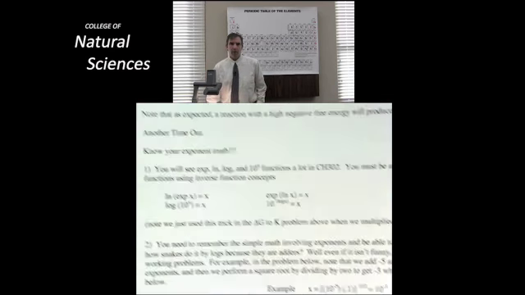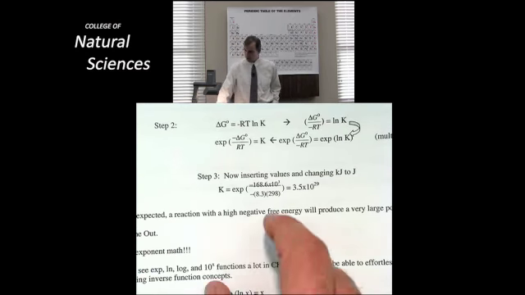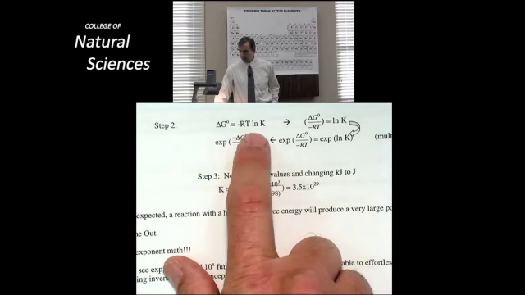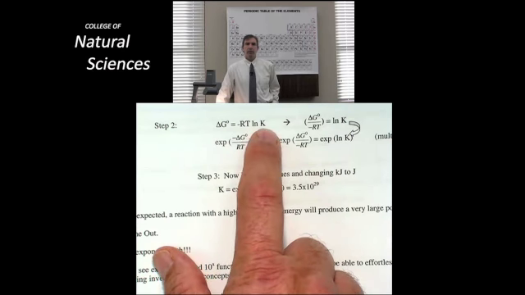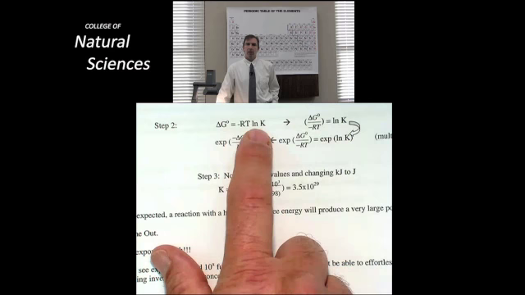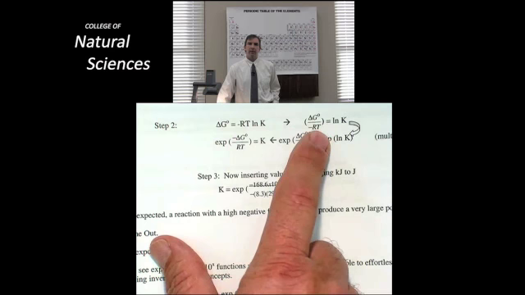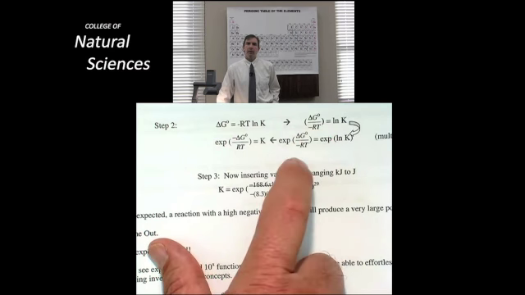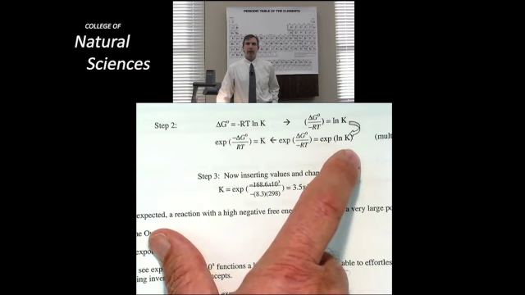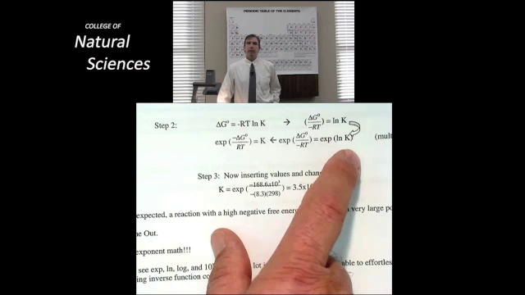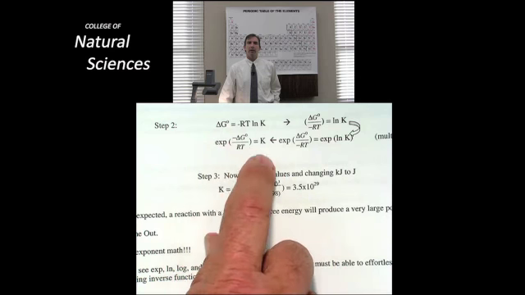Now, if I want, I can step my way through here mathematically as I rearrange all of this to extract out the K value. So here I have delta G is minus RT log K. I pull the minus RT over to the left-hand side, and then I multiply everything through by exponents. After I've multiplied everything through by exponents, I end up freeing up my K value, and it's equal to e to the minus delta G over RT.